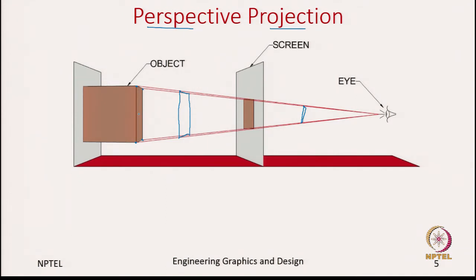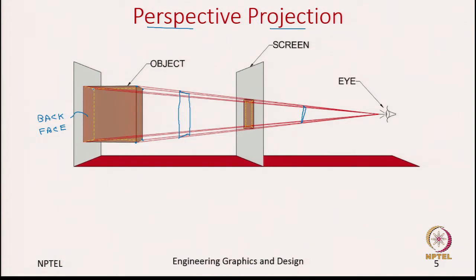Let us look at it. To answer that, let us focus on the back surface of this cube, the back face, let us say. Okay. So, if you are looking at the back face of the cube, and then draw the projection lines.